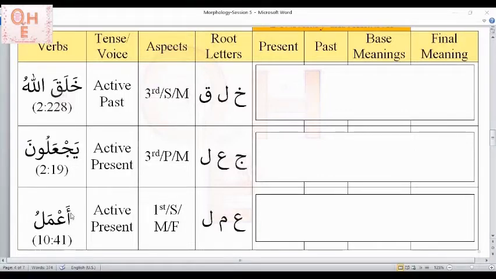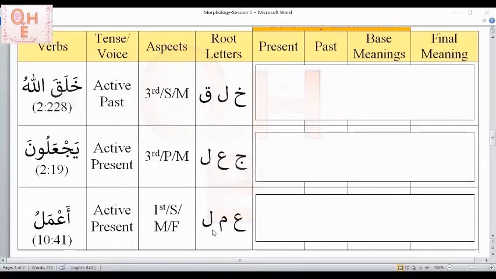Over here, we have Hamzah as the prefix. So this matches with what? Af'alu, right? So this is definitely active present tense, and the aspect will be first person singular. It can be male or female. And if I exclude the Hamzah, what will be the root letters? Ain, Mim, Lam.